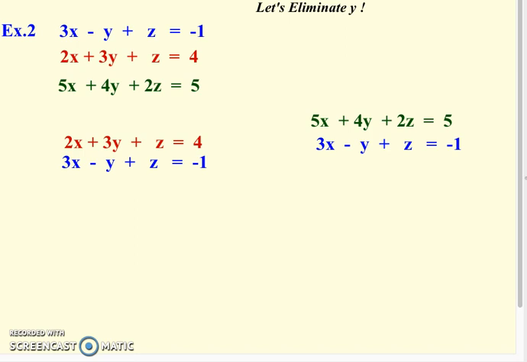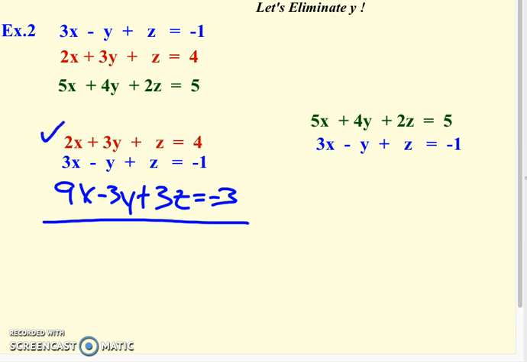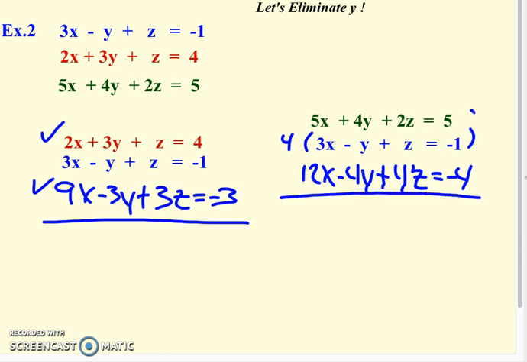Keep it kind of simple. Then I may want to make a note to myself, which two am I adding together? Multiply the blue equation here through by 4. And then go ahead and add.